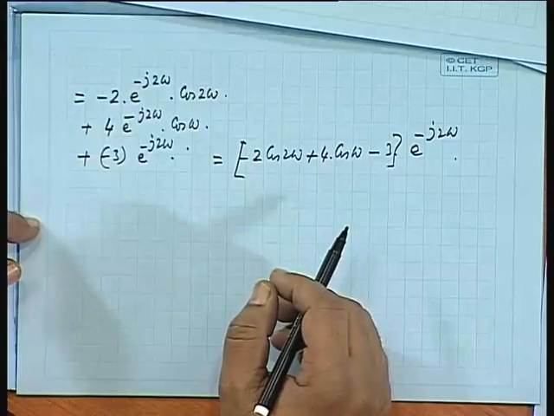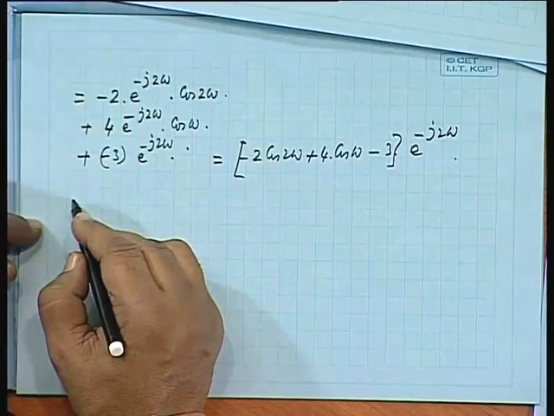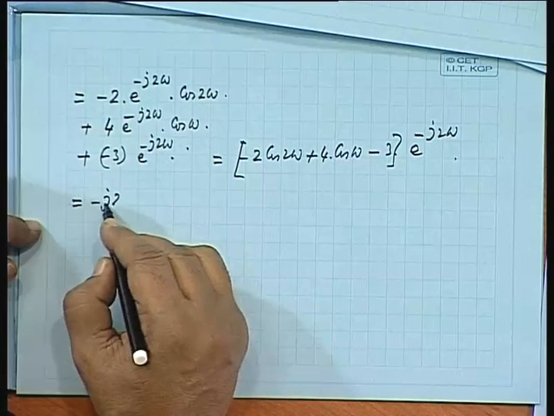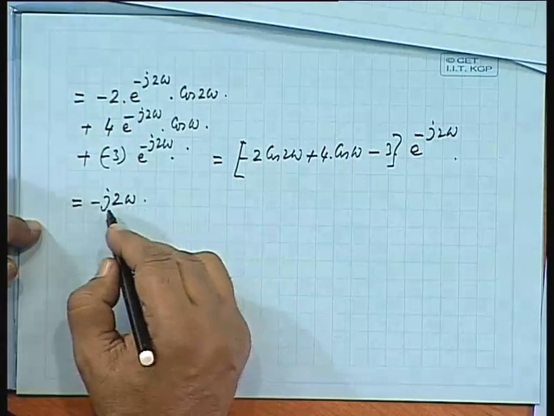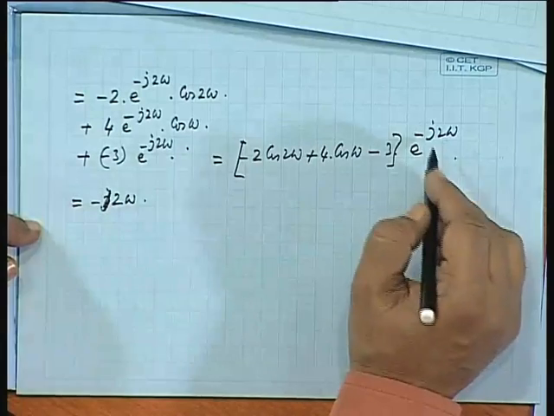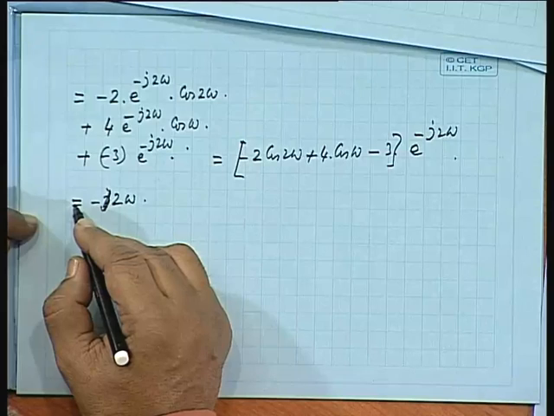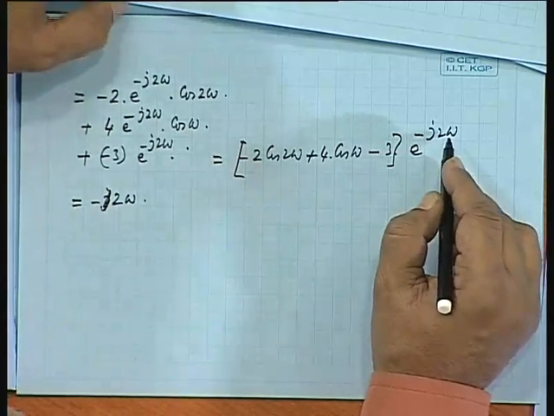E to the power minus j 2 omega, for any omega, has an angle, and this other quantity is real. So, this will have an angle of minus 2 omega.